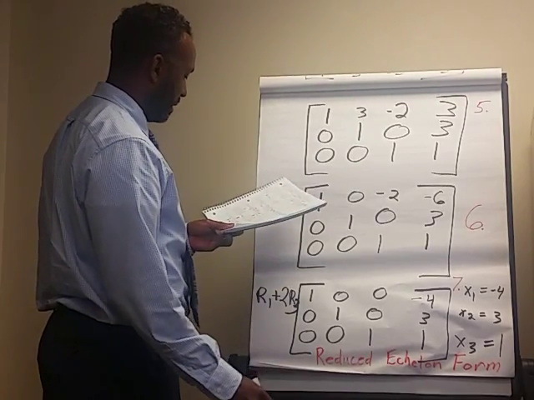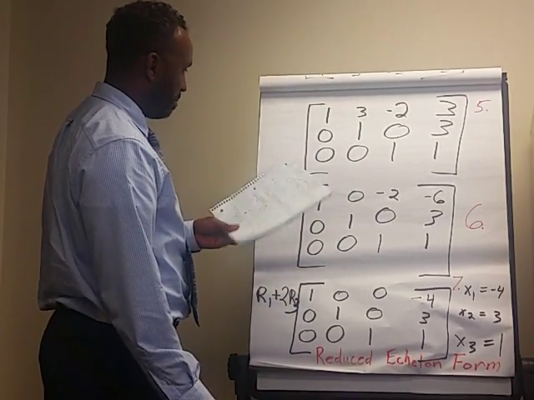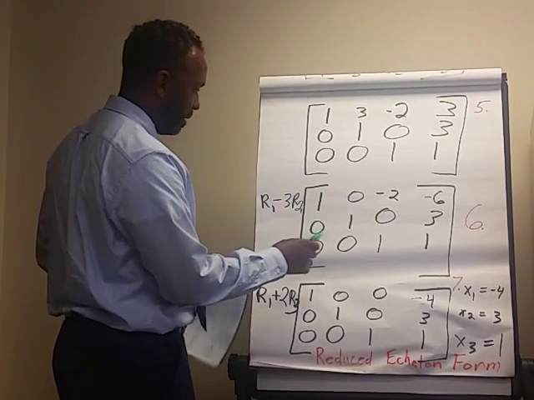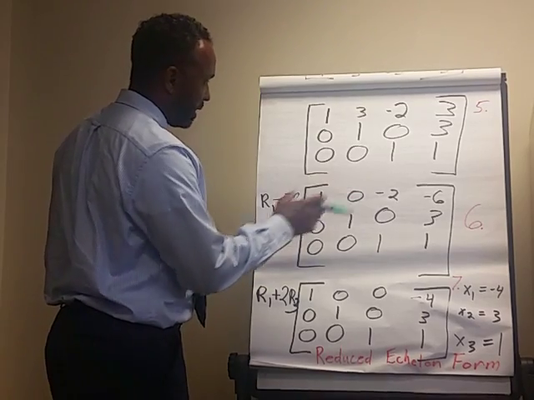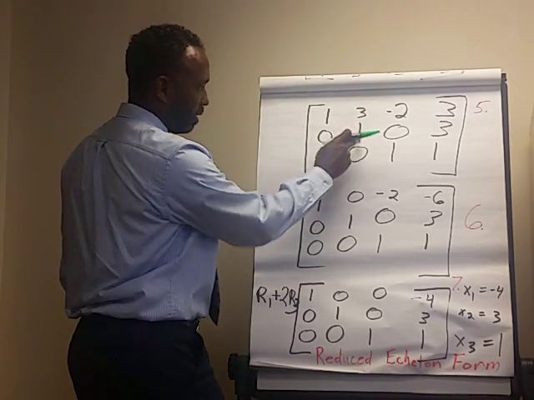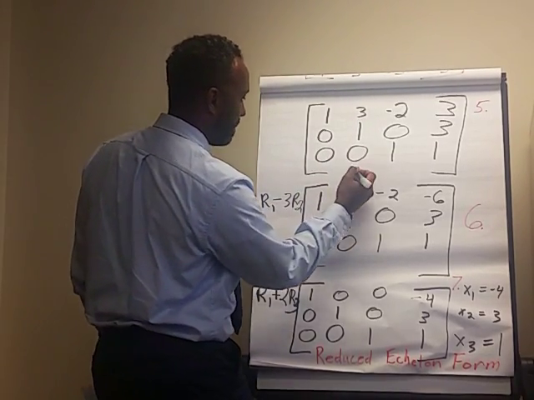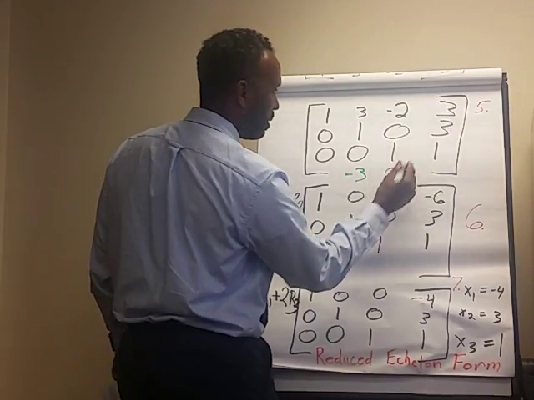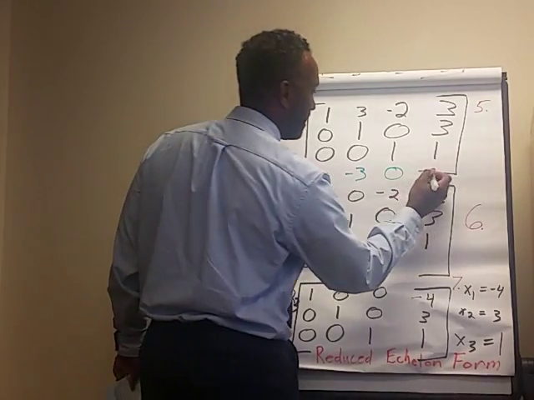We're going to take the third row and manipulate that. We're going to take row 1 and subtract 3 times row 2 from it. So that second row we can multiply by -3. This 1 is going to become -3, that 0 is 0, and this 3 is going to become -9.